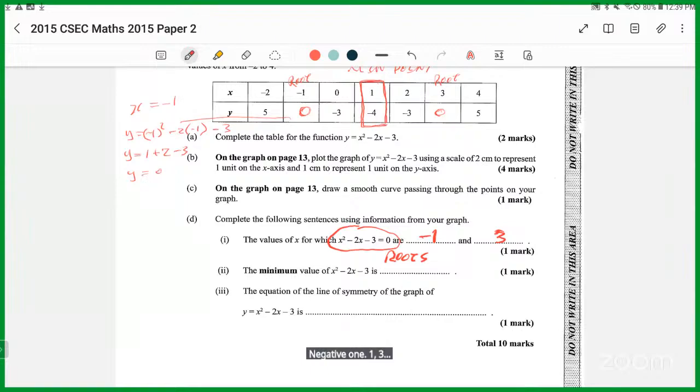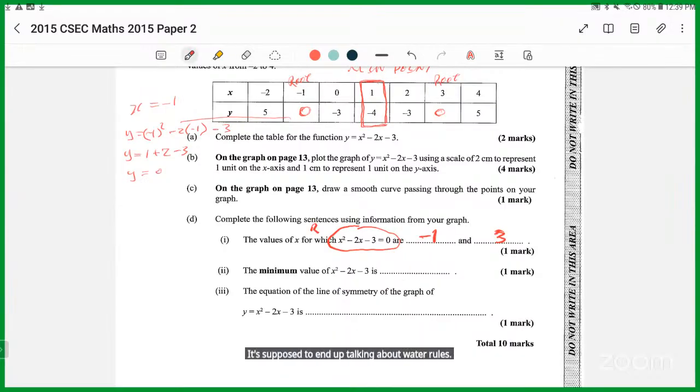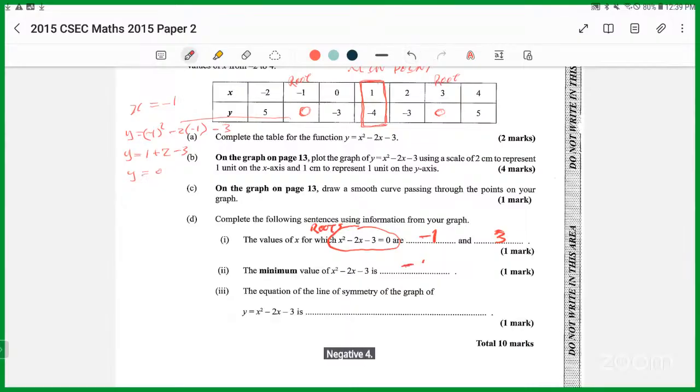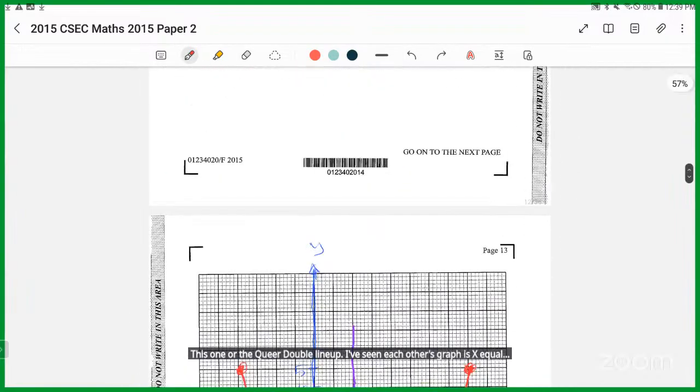And this one says the minimum value of the function. That's the lowest y value. And put the red roots up here. This question is talking about the roots. The minimum value of the function is the lowest y value of the function, which is this: negative 4. This one now, the equation of the line of symmetry of the graph is x equals the vertical line.